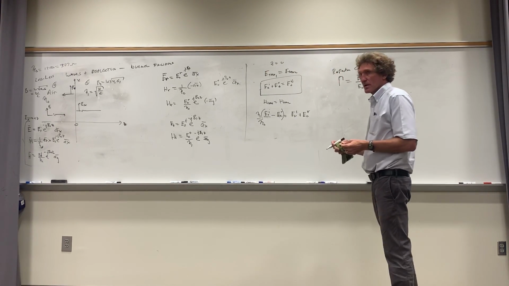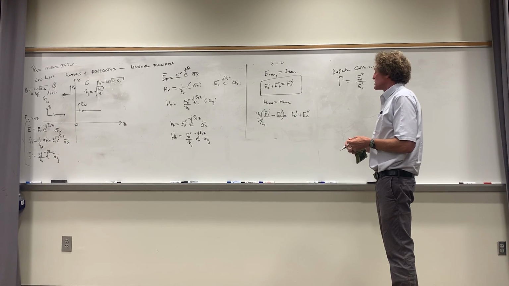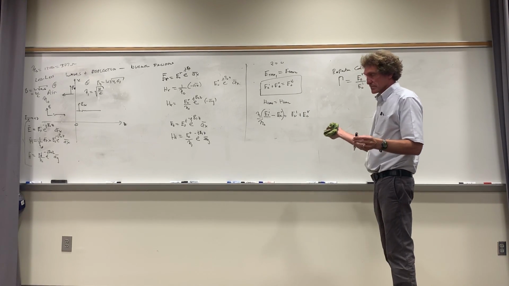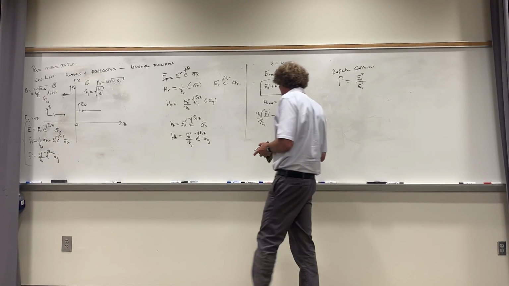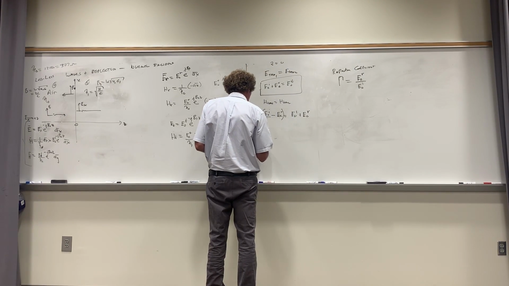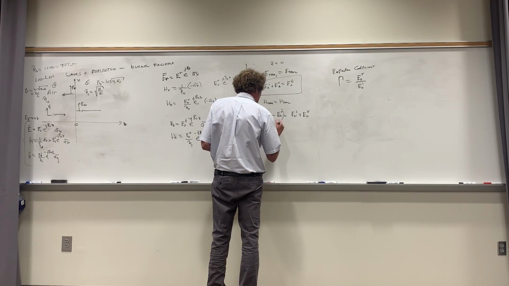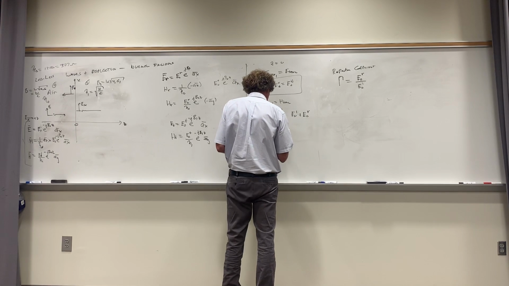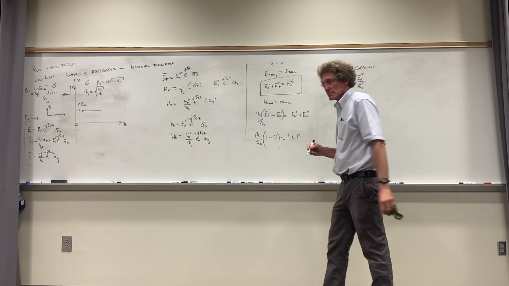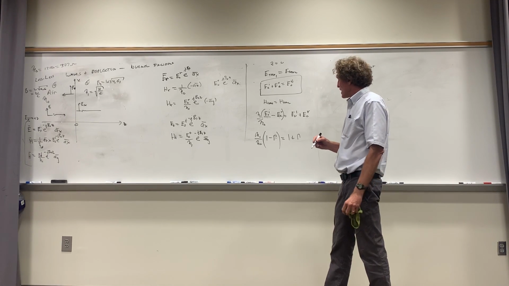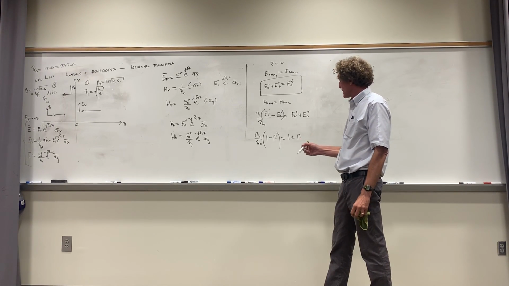Are you with me? Now I divide both sides by E naught incident. This is the easy way to do it. When I divide by E naught incident, what do I get? Now I have A to 1 over A to naught, and E naught incident over E naught incident is 1, plus E naught reflected over E naught incident. That's the reflection coefficient. So that's equal to 1 plus the reflection coefficient. With me? And now I can manipulate this.